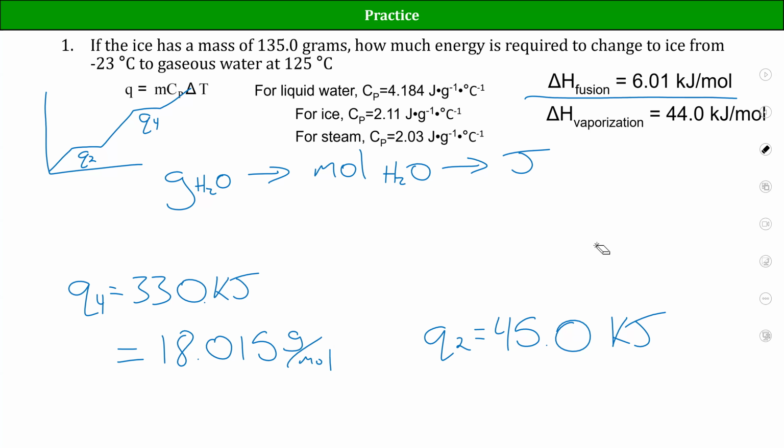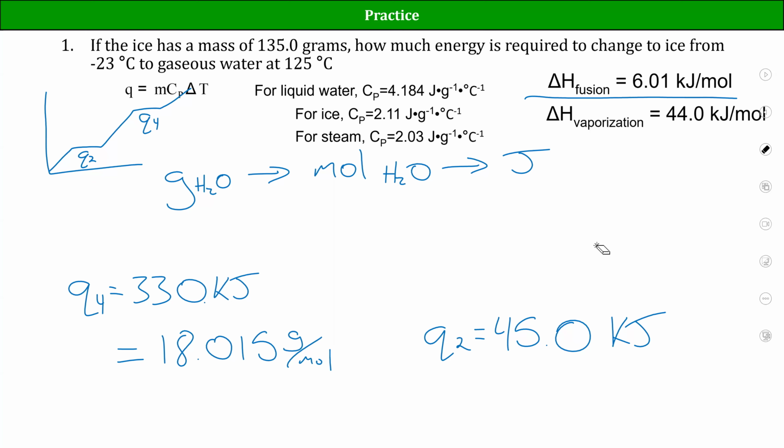And then it was like 55 kilojoules to go all the way from 0 Celsius up to 100 Celsius. Then it was another 6 kilojoules or so to go that last bit. It's 330 kilojoules to boil the water. Way more than any other step that we did in here, like by a long shot.